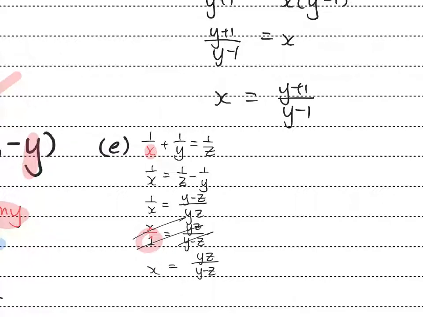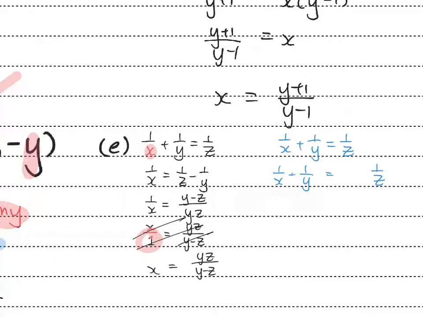The second one, I write down in blue pen. Let's have a look. 1 over x plus 1 over y is also equal to 1 over z. Now in this technique, we consider what is the LCM of the denominators. The denominators have x, y, and z.